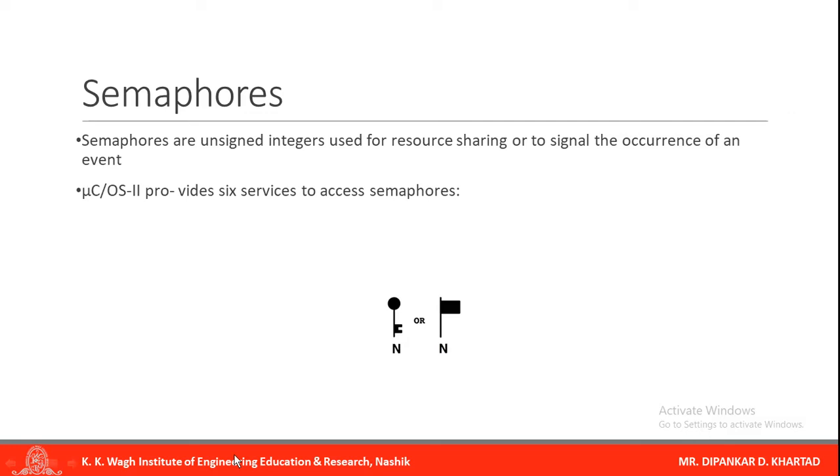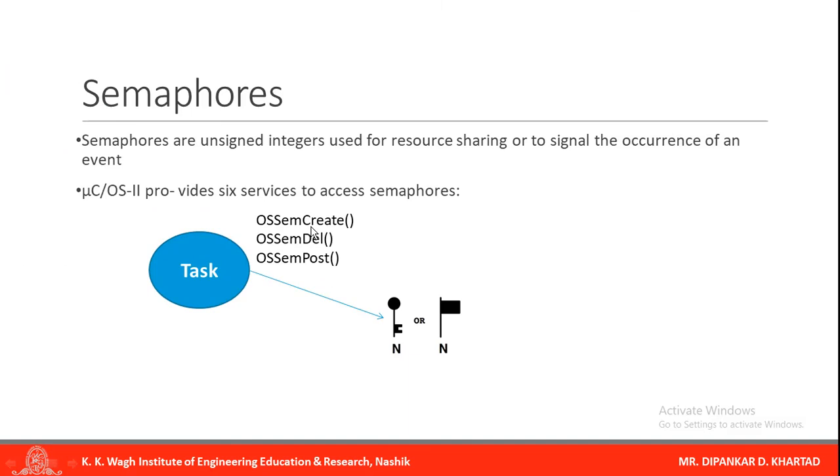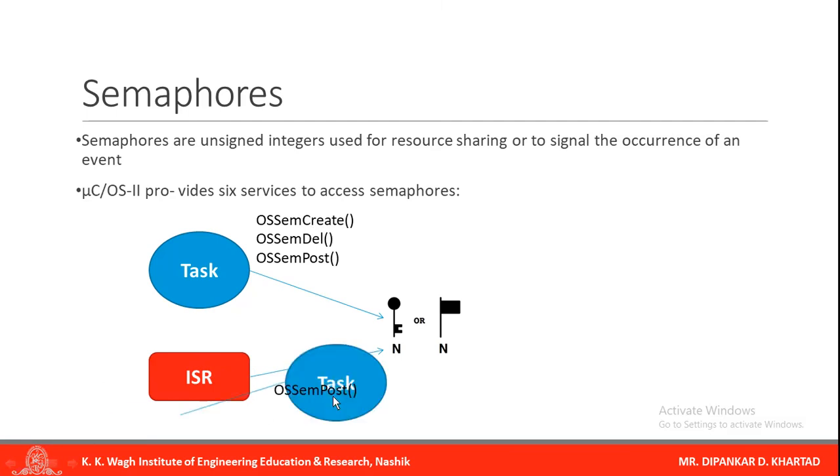This is the symbol of semaphore. What is the meaning of N? N means number of shared resources. Now, task 1: OSM create is one service, OSM delete, OSM post. Again, ISR is also using semaphore, OSM post.